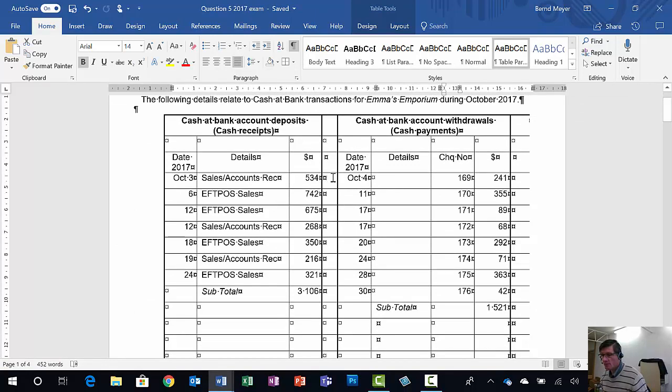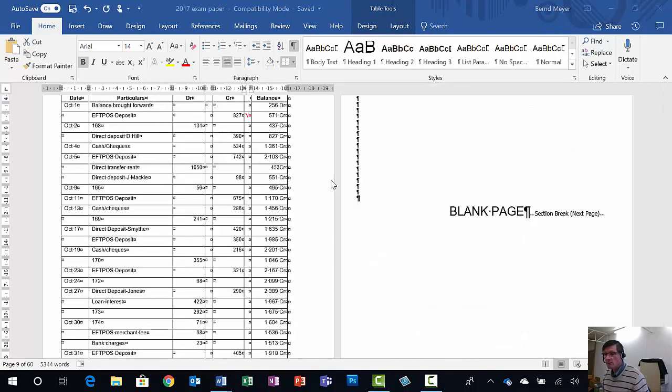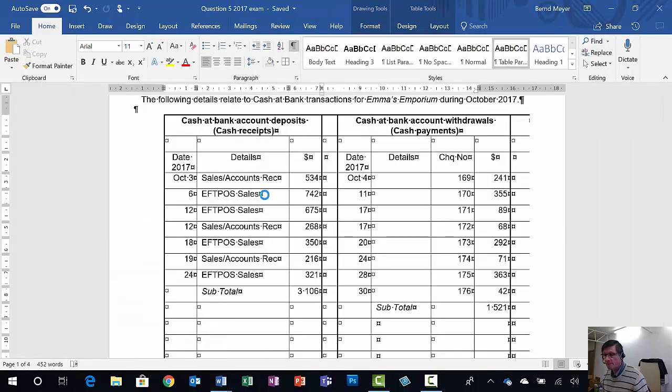So the 534, I'm just going to check whether that is there. There's the 534, so tick that off and tick that off, and so on. I'm just going to pause here and tick off the rest, and you can see what I've achieved after this ticking process.